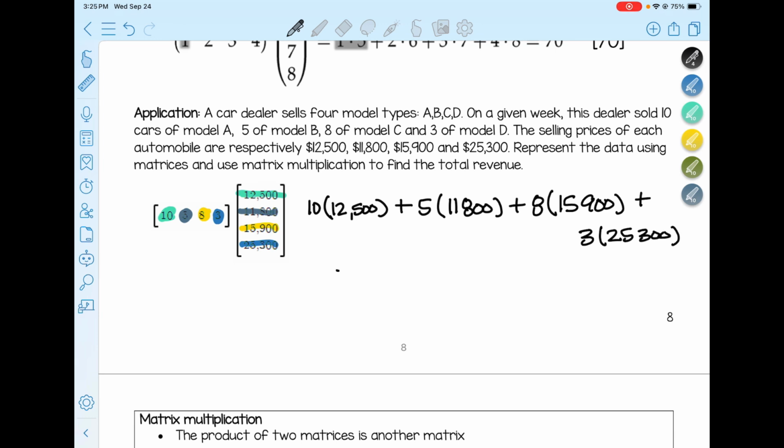So when I simplify that and put it in a calculator, I see that my total revenue was $387,100.